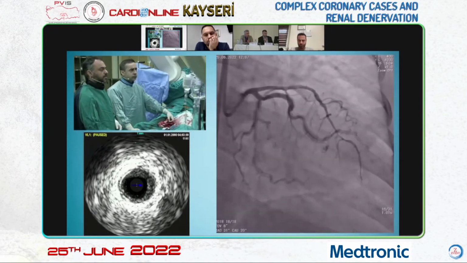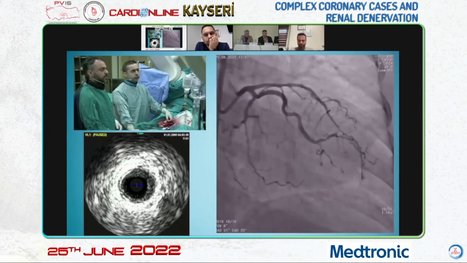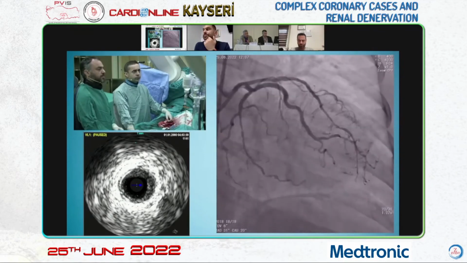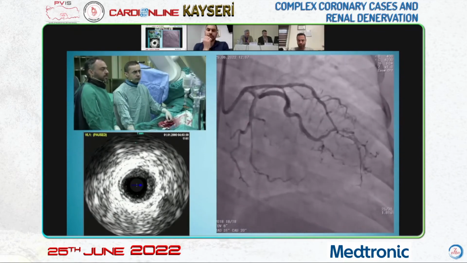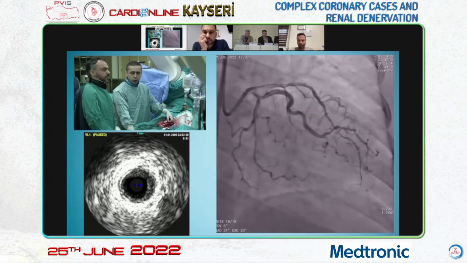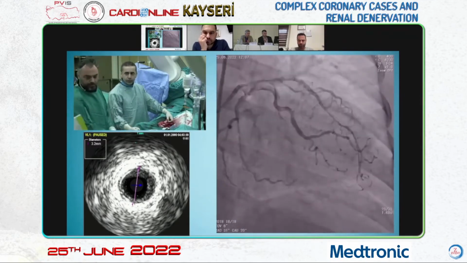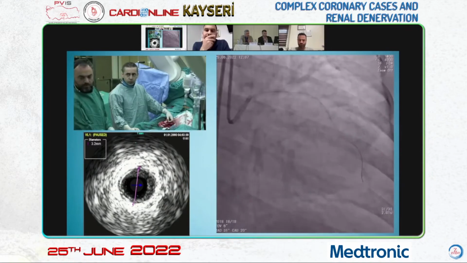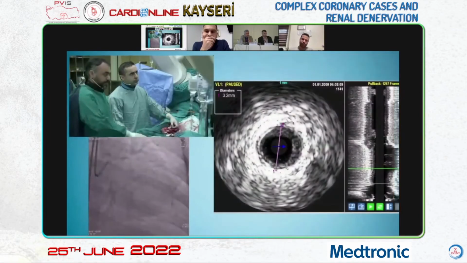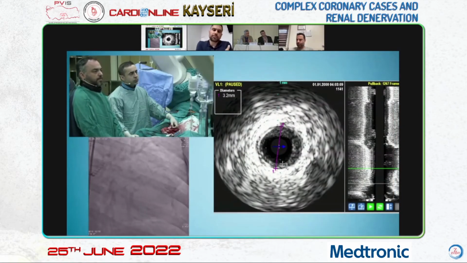So in this LAD period, I think that there is a lesion. Ömer abi stressed that because of a different system, the upper part is from ipsilateral. So from this perspective, there could be a narrowness.